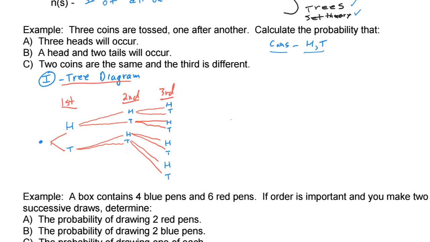So let's take a look at the possibility of having three heads occurring. Please remember that when we're talking about probability, the probability of what we want is equal to the number of times or the paths of what we want divided by the outcomes, the number of possibilities.